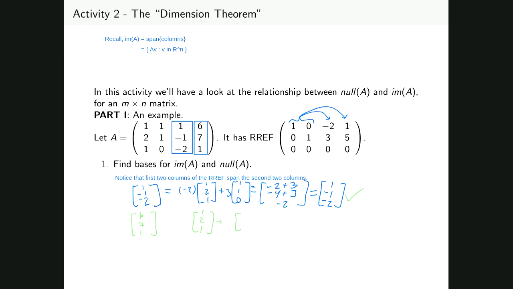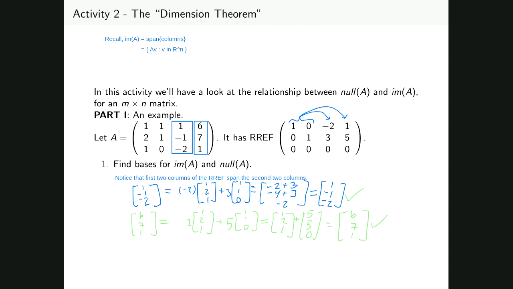We want 1 copy of the first one and 5 copies of the second one. Let's see if that works out. We get 1, 2, 1 plus 5, 5, 0, and that gives us 6, 7, 1. So we got an equality there.